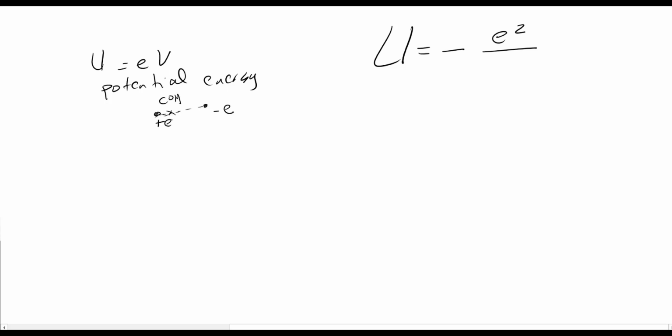Since the mass of the proton is almost 2,000 times bigger than the mass of the electron, the reduced mass will be very, very close to the mass of the electron. This is the mass of the electron times the mass of the proton divided by the mass of the proton plus the mass of the electron.